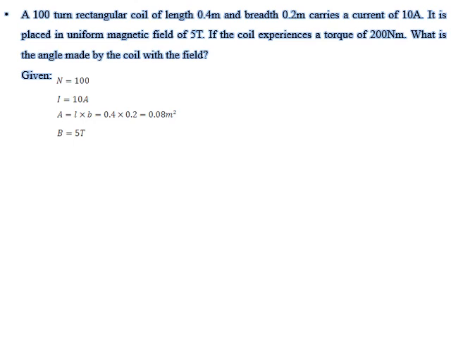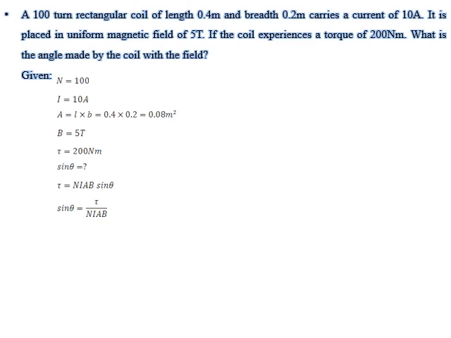Magnetic field is given as 5 Tesla. Torque is given as 200 Newton meter. You have to find out sin theta, and then tell what is the value of theta. So you have the formula torque is equal to NIAB sin theta. Substitute.